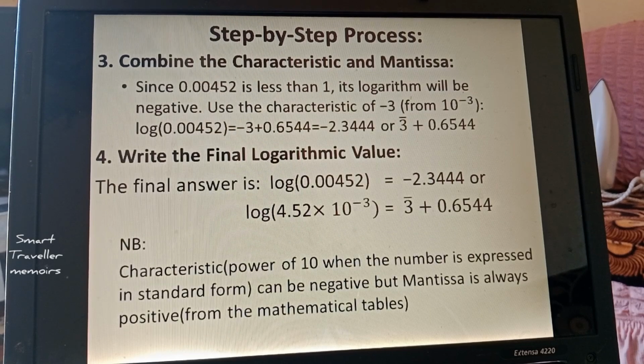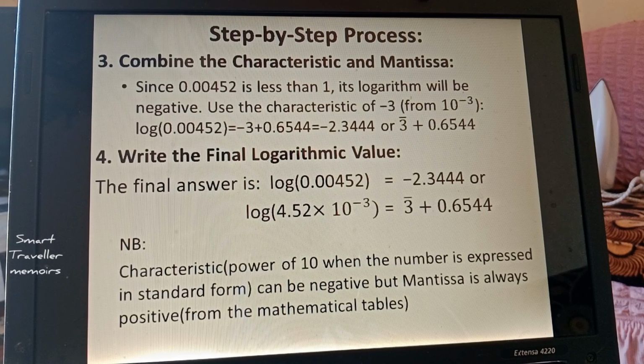Now combine the characteristic and the mantissa. Since 0.00452 is less than 1, its logarithm will be negative. Using the characteristic of negative 3 from 10 raised to negative 3 when the number is expressed in standard form, the logarithm of 0.00452 is negative 3 plus 0.6544. When you do the subtraction, you get negative 2.3444.